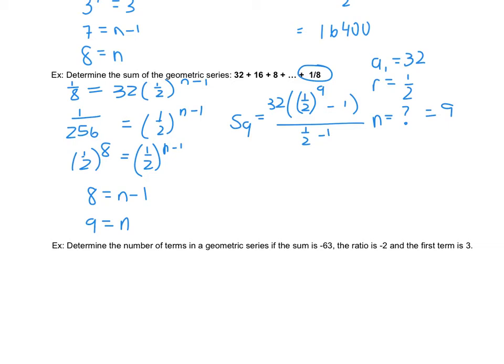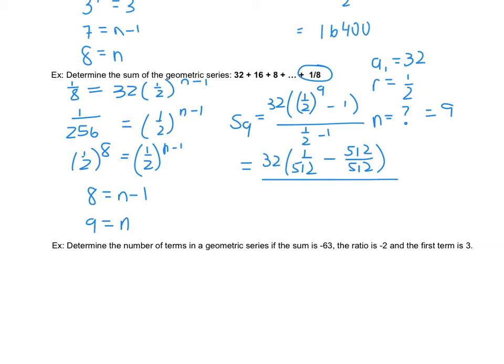So we do have fractions here, so we're going to have to deal with them. So I'm going to clean this up in some extra steps. First of all, 1 over 2 to the power of 9 is 1 over 512. And I'm going to subtract it by 1, but I know with fractions to subtract in a common denominator, so I'm actually going to rewrite 1 as 512 over 512.